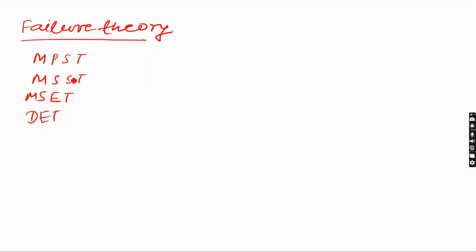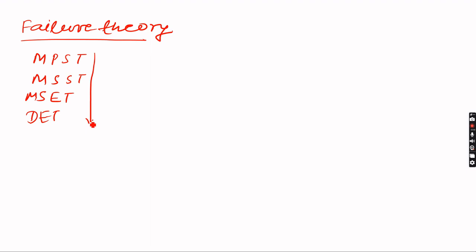So we are going for failure theory. In failure theory, different theories are there, like maximum principal stress theory, maximum shear stress theory, maximum strain energy theory, distortion energy theory.